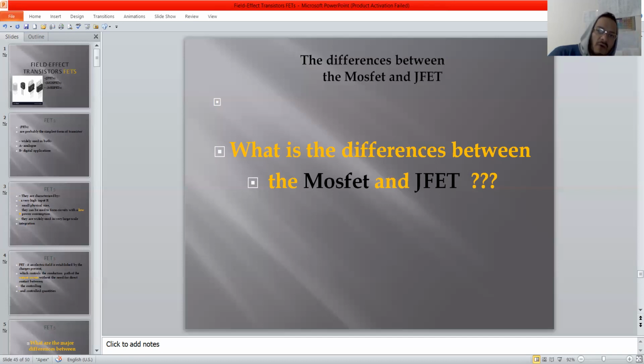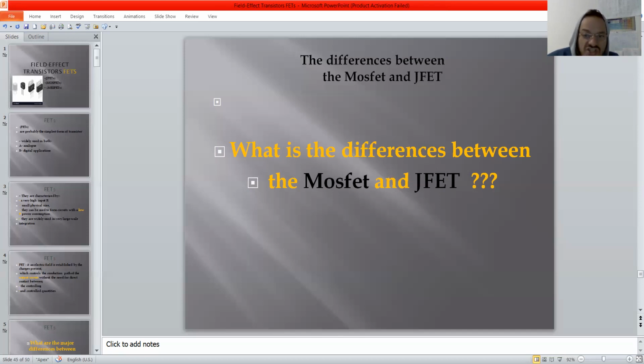Now let's talk about the junction field effect transistor, or JFET, which is easier to write. Here, the isolated gate of the metal oxide semiconductor is replaced with a reverse biased PN junction. That means we will be dealing with reverse bias, and the terminals will be reversed.